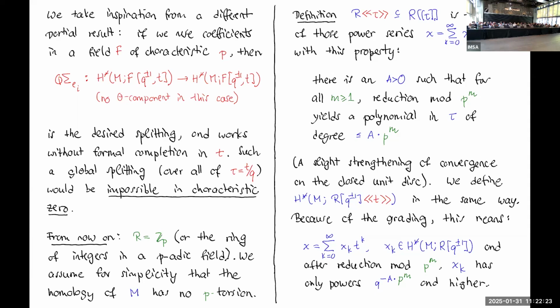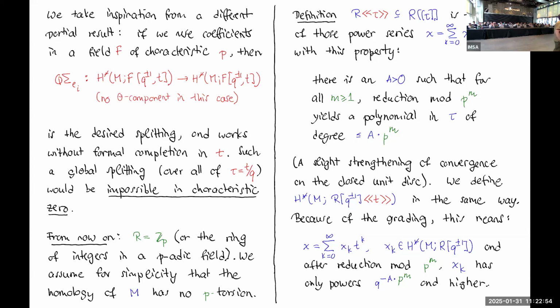So if you had a term that has a very negative degree of q, that puts it in a very negative degree, so it has to be accompanied by a very positive power of t. In other words, for degree reasons, saying that the reduction mod p to the m does not have high powers of t is the same thing as saying that it doesn't have too negative powers of q. Okay, I'll say it again.